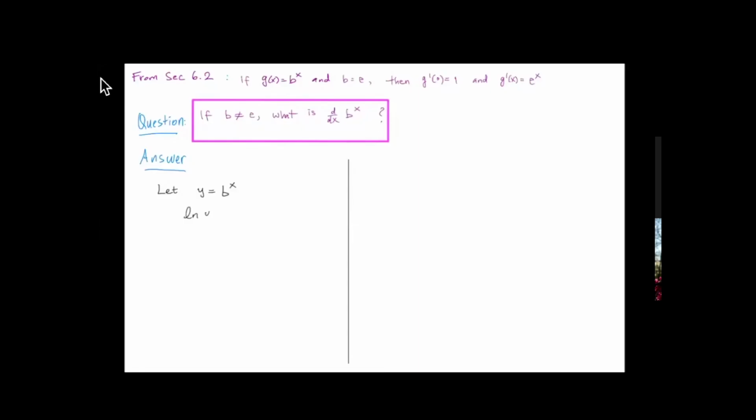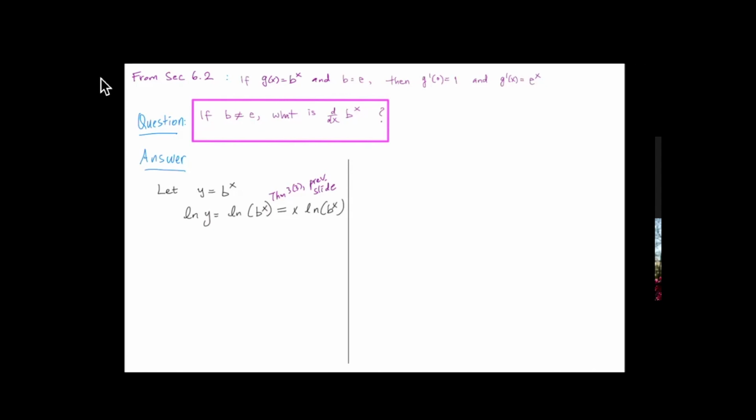So ln y equals ln of b to the x. And from the previous slide, we see that we can bring down this exponent x because it is inside of the parentheses. Next, I want to take advantage of the fact that natural log is the inverse of the exponential function e to the x.